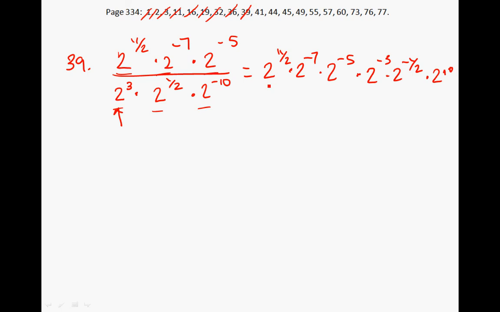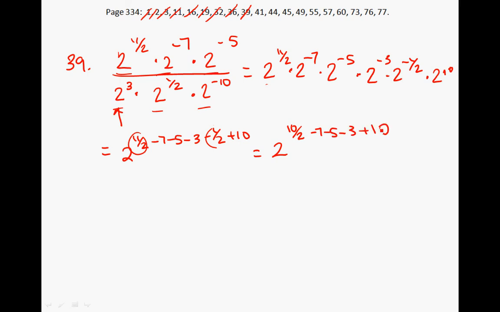Okay, so now we see that since they all have the same base, using your laws of exponents, you can just add all the exponents together. Okay, so 2 to the, let's see, 11 halves minus 1 half is 10 halves.